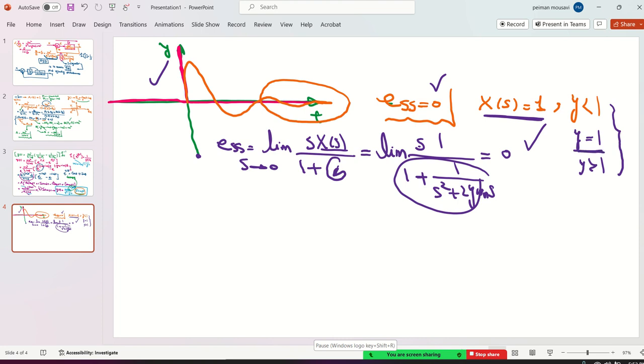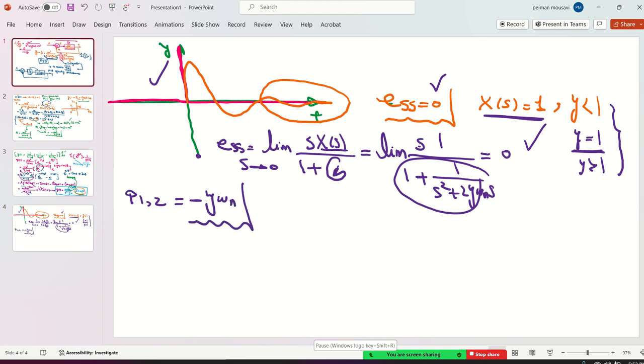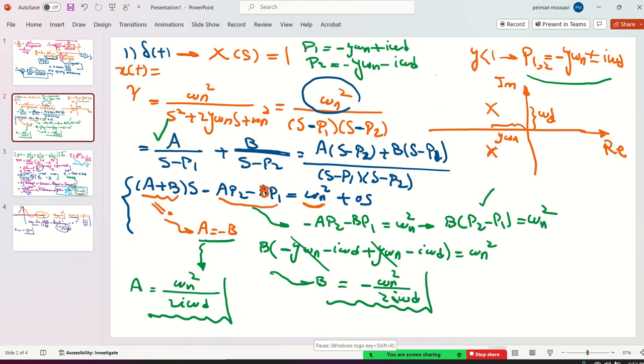If your system is critically damped, as I told you, you have two repeated poles at minus zeta omega n. Two repeated real poles, not a pair of complex conjugate poles. Where is that? I want to show it to you. Here we go. Two repeated poles on each other. These are critical, and you know that this left-hand side is stable.